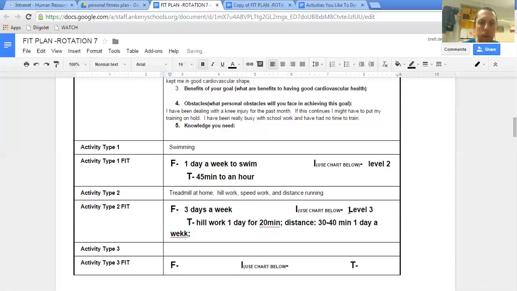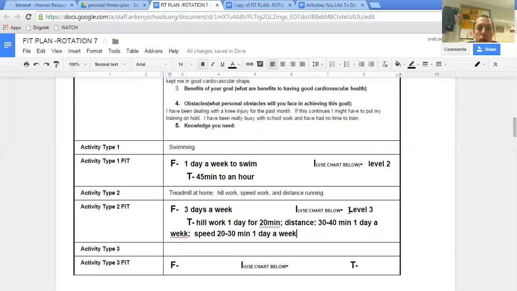And then maybe my speed work, I'm going to do 20 to 30 minutes 1 day a week. And I don't think I'm going to put that for right here.